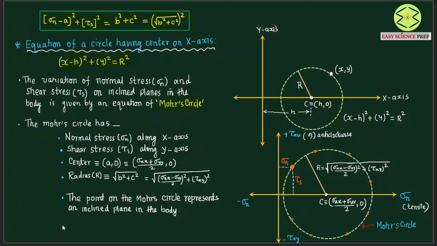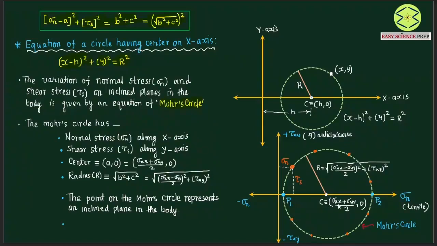Now, there are a few very important points which need to be understood. The first point is where the Mohr circle intersects the x-axis, or normal stress axis. Let me call these points point 1 and point 2.